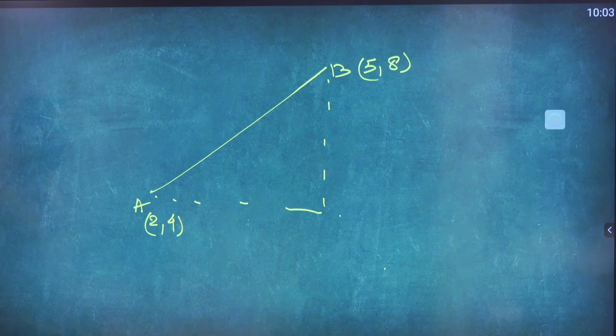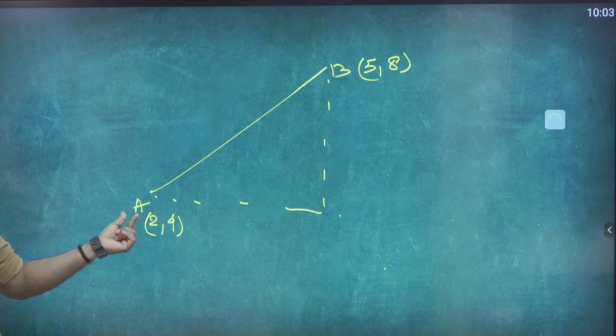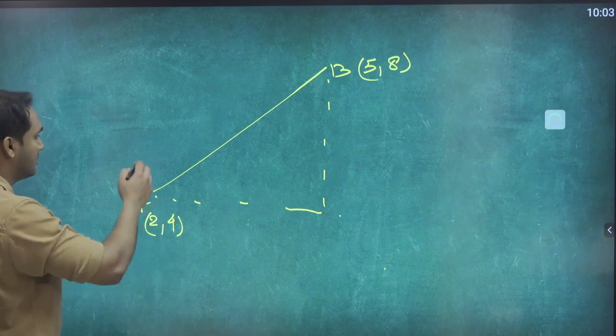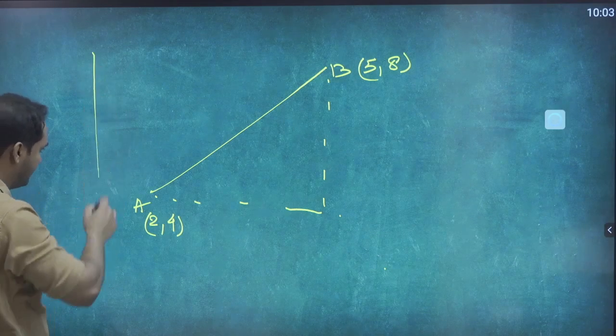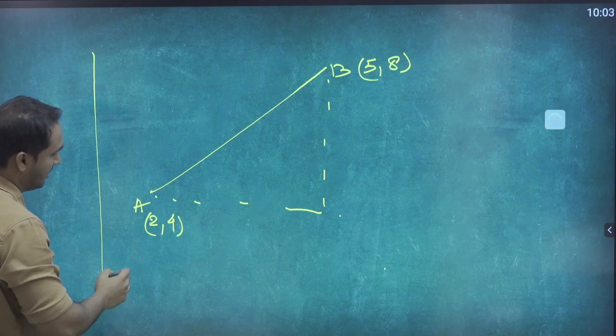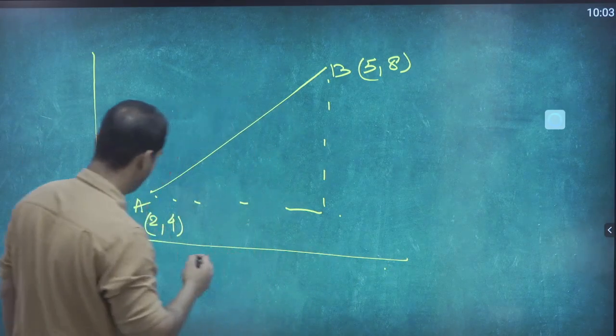So that means now here the x coordinate is 2, right? If I take the complete graph here, the x coordinate is 2, right?